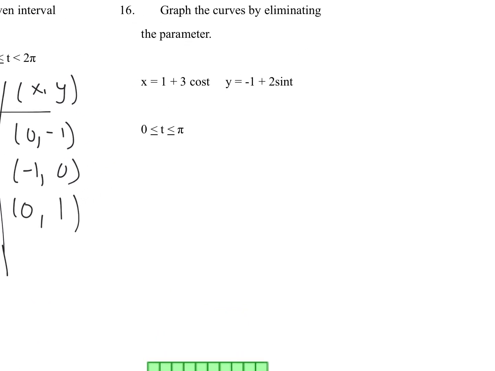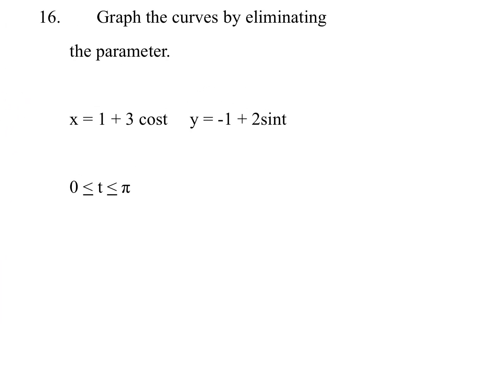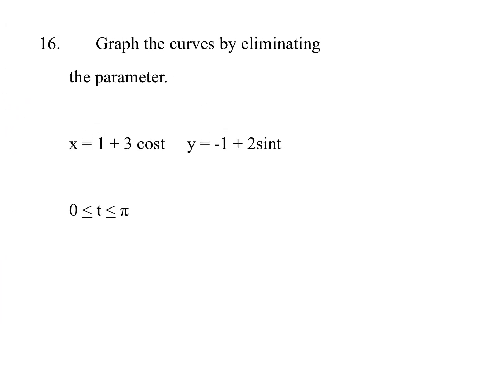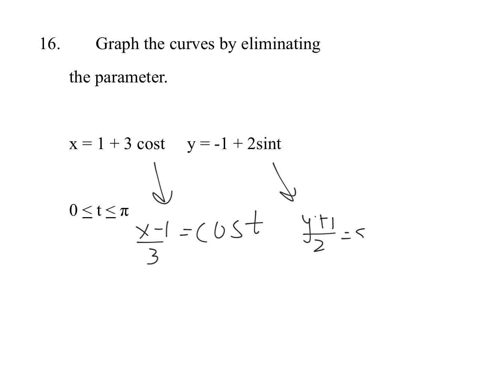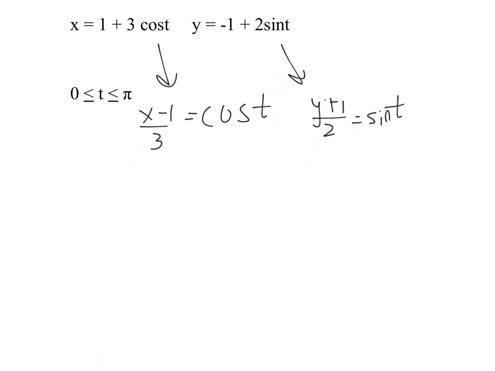Now for this one, we want to eliminate the parameter first. Now remember, these are general equations. So by isolating cosine, I get x minus 1 divided by 3, and by isolating sine, I get y plus 1 over 2. Now I'm going to square both sides, and I'm going to do this selectively.